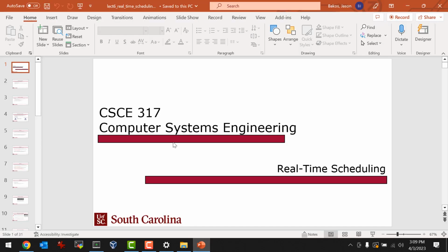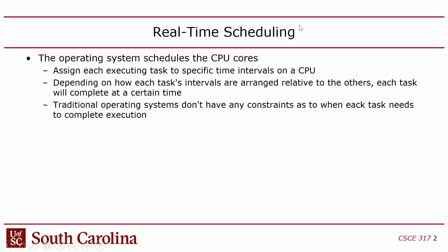Okay, so now I'm going to introduce the next topic, which is real-time scheduling. You guys probably have, have you taken 311 yet? Operating systems? Okay, so you know that the operating system schedules processes.